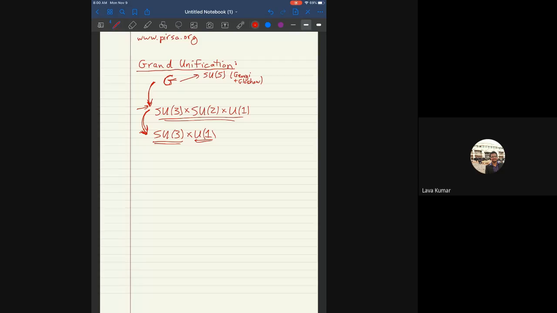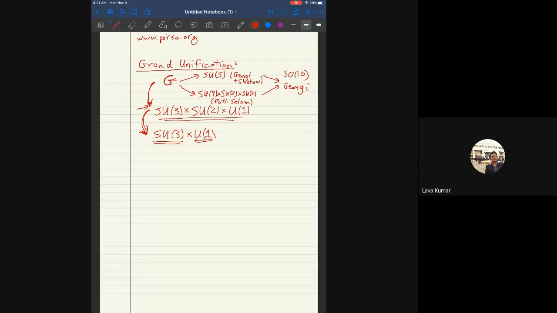And then another option was SU(4) times SU(2) times SU(2), which was found by Pati and Salam. And then both of these groups in turn can be contained in an even larger group, which is SO(10), as discovered by Georgi.